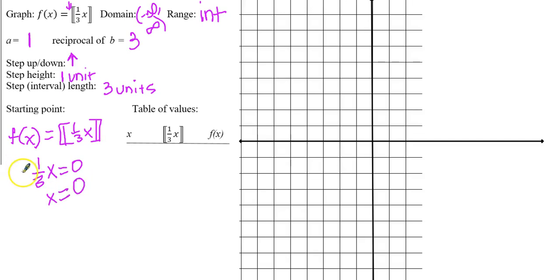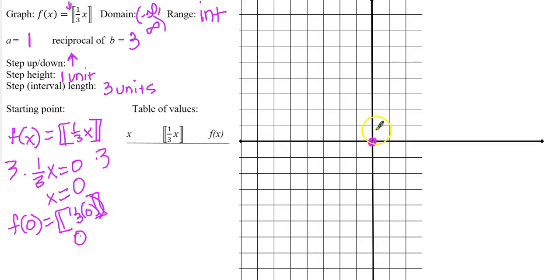Isn't it 0? Because you just clear the fraction, multiply both sides times 3. There you go. Okay, so x equals 0. And if I plug in a 0, what is 1/3 times 0? 0. So my output would also be 0. So I know that I'm going to be graphing 0, 0.